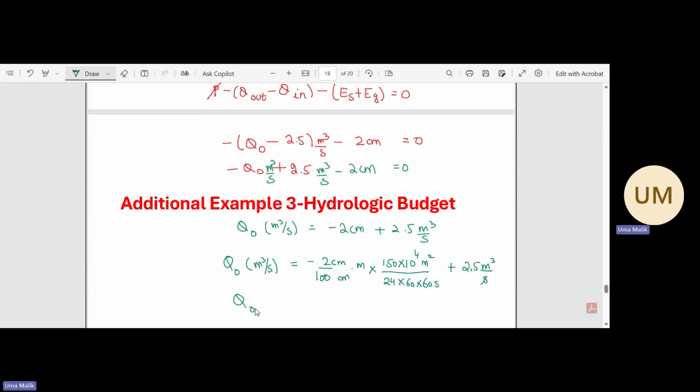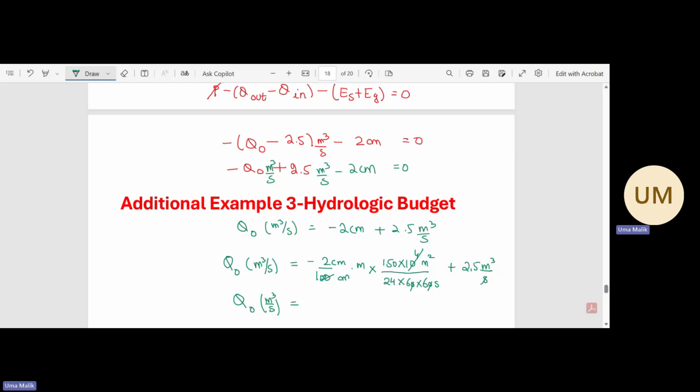So let's calculate that. We are left with 2 multiplied by 150 divided by 24 divided by 36.